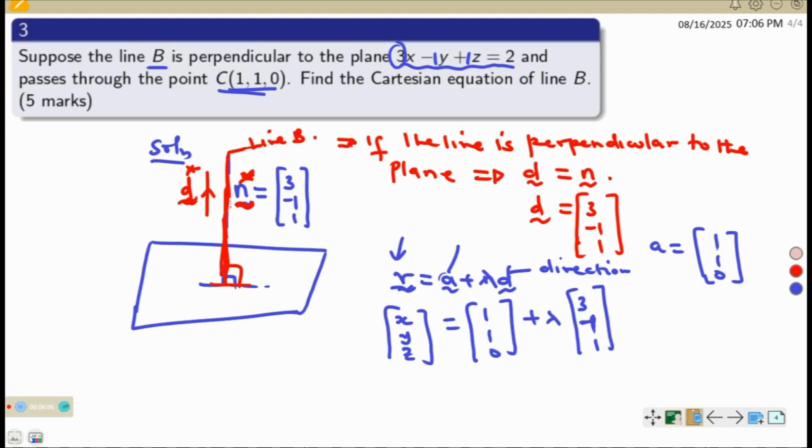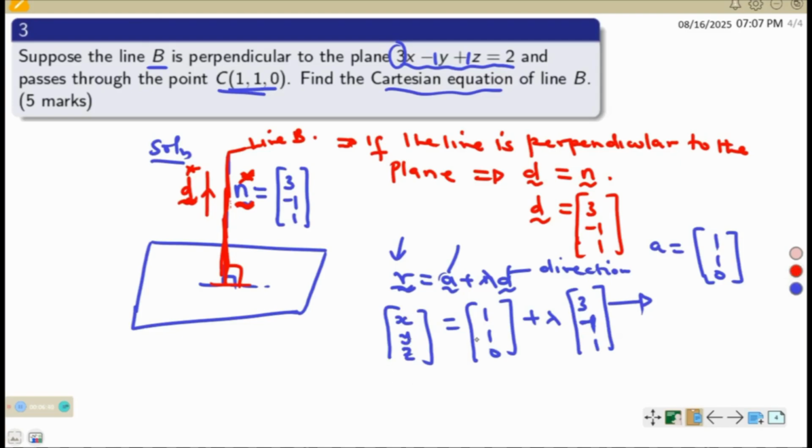So this is what we shall have. Then from this given expression, we shall need to obtain what we call the Cartesian equation of the line. So to obtain the Cartesian equation of the line, you will simply need to express x, y, and z in terms of lambda. So we shall have lambda in terms of x, lambda in terms of y, lambda in terms of z, and that will be able to give us the Cartesian equation of the line B.